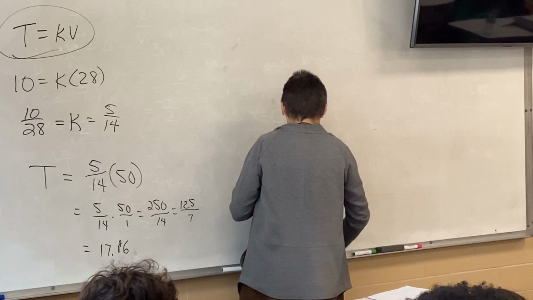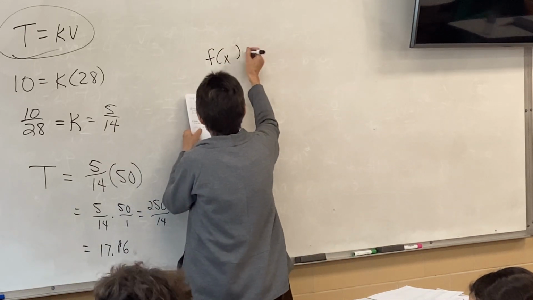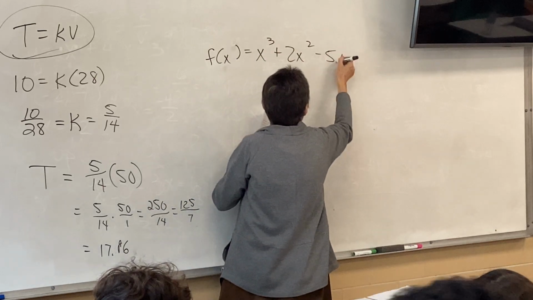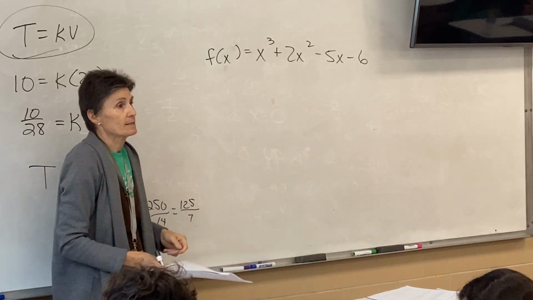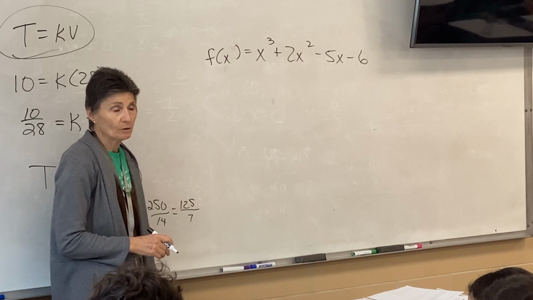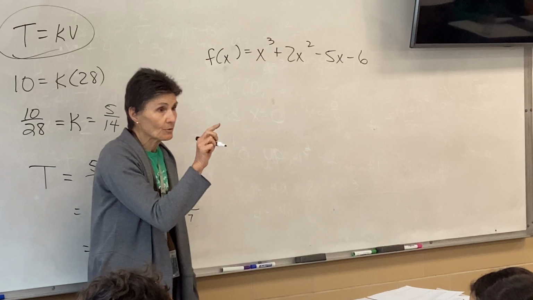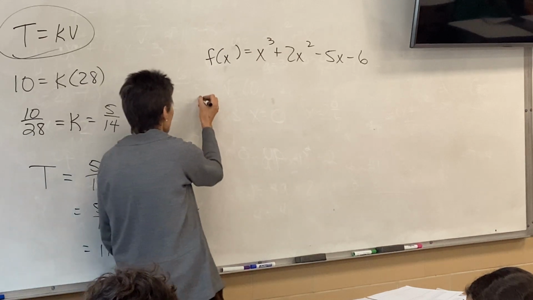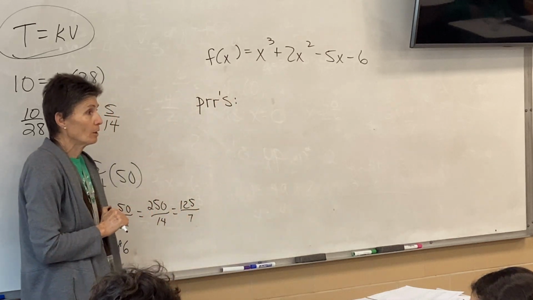Now, consider this function. List the possible rational roots. Now, notice I underlined letters there to remind you that the possible rational roots are what I've been calling the PRRs.